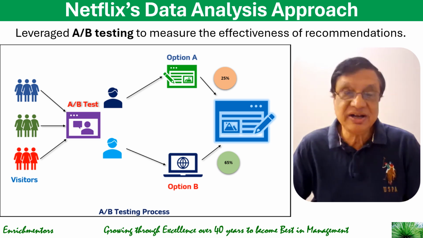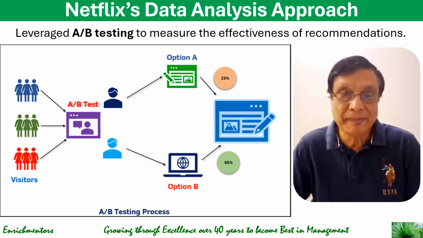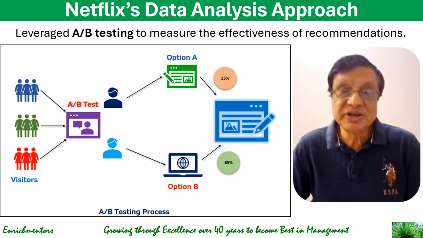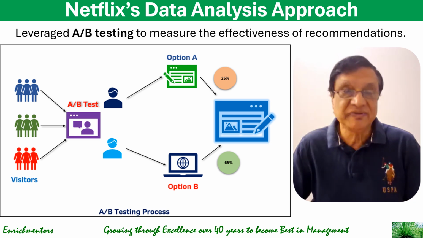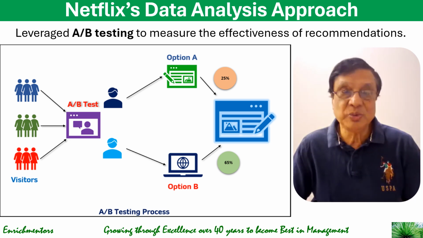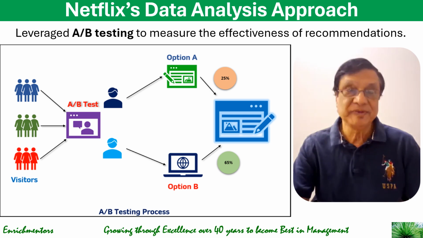Then they found out which options of recommendation strategy were producing better results in terms of effectiveness. So the machines figured out after analysis what is the right way, and those they tested to figure out the right way to recommend to the customers. That's how they found out what recommendations to make.